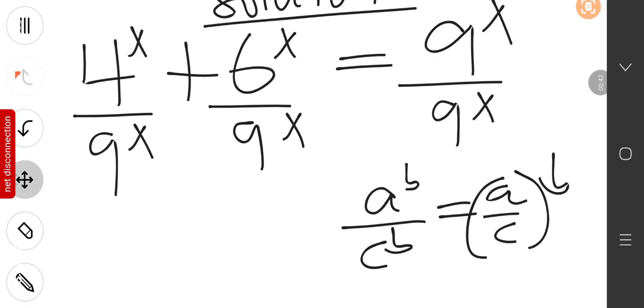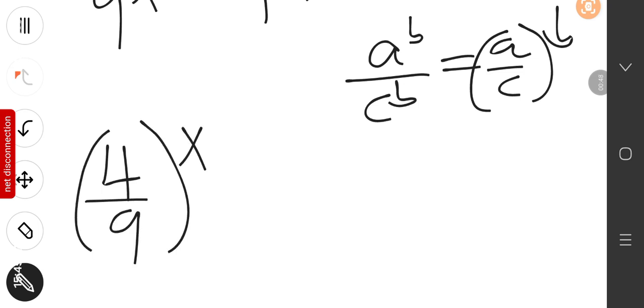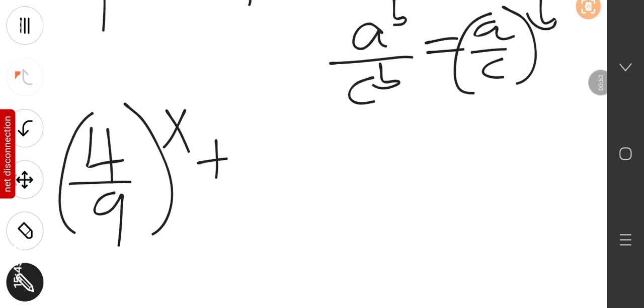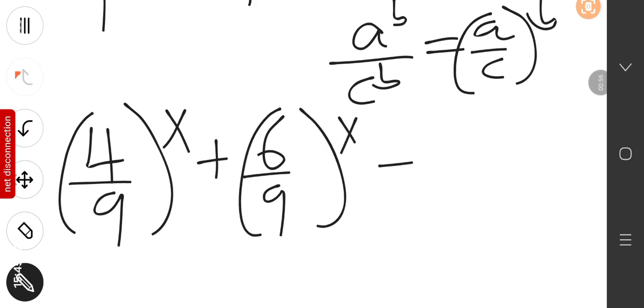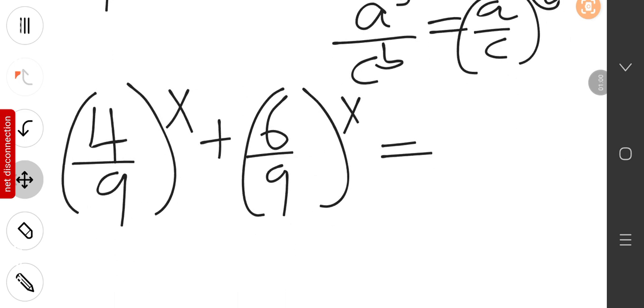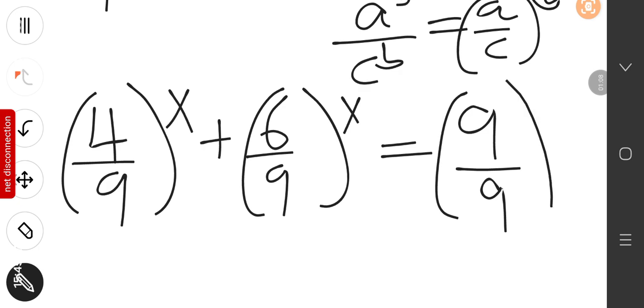So our equation becomes 4 over 9 exponent x, okay, plus 6 over 9 exponent x equals, okay, 9 exponent x over 9 over 9 exponent x.